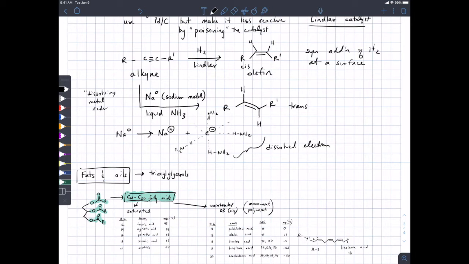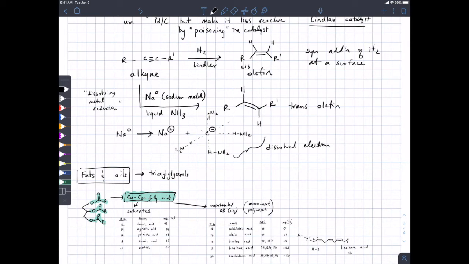And if you want to see examples of this, there are some pictures in your text, or you can check YouTube for a dissolving metal reduction, and you can actually see the dark color liquid in the flask that is the ammonia solution of the electron. And these conditions result in the trans olefin. Now the mechanism is shown in your text, but I'm not going to worry about it or hold you responsible for it.